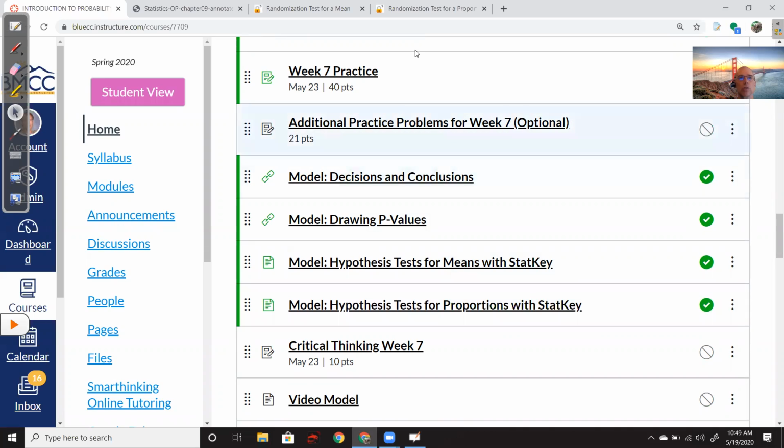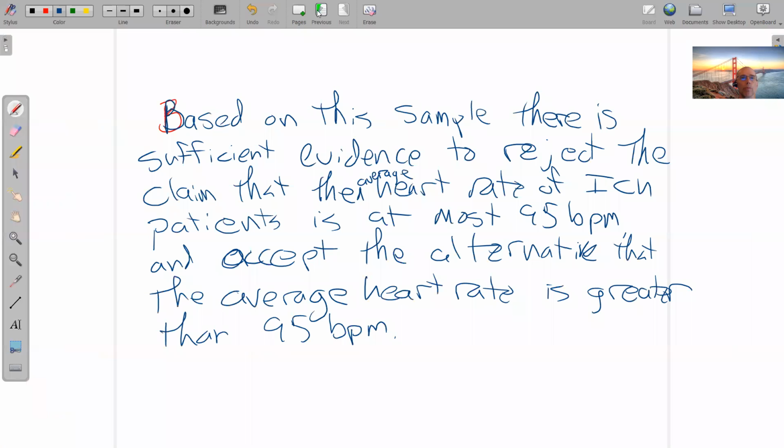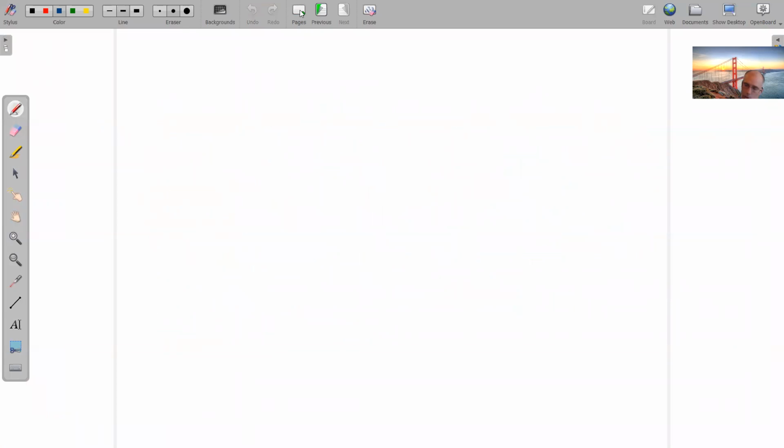So let's try to do a breakdown of the type of errors we could have just made with this ICU patient thing. All right, so possible errors in the decisions we make.